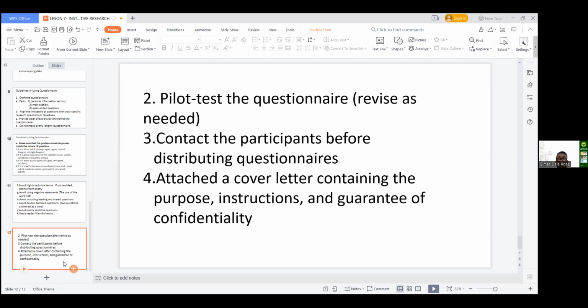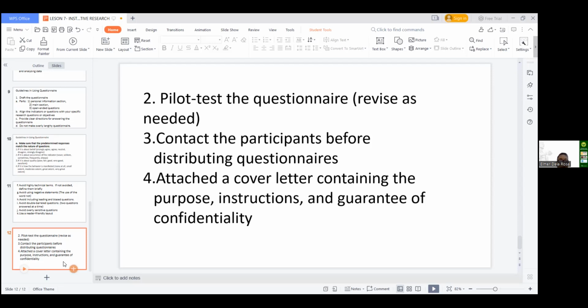So from a different school, from a different locality or division, pero kung senior high school din, for example, math class din, STEM strand din, etc. Pero hindi na sila yung totoong respondents. So we call that pilot testing. And of course, through the pilot testing, you will encounter the necessary revisions.